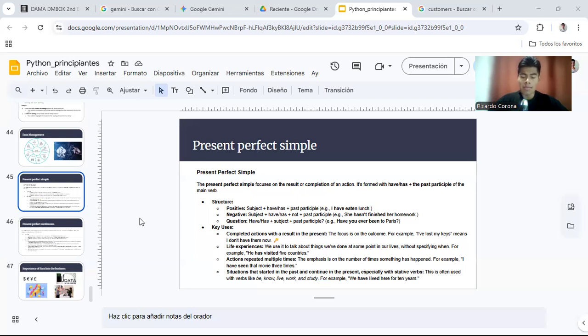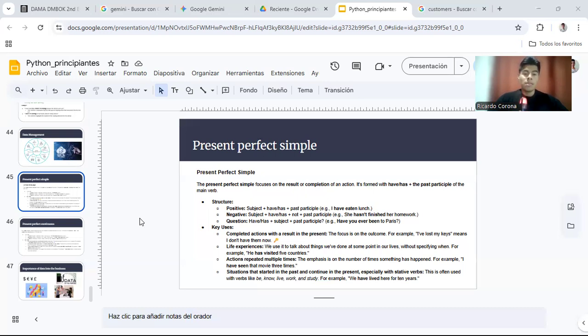If you have a technical interview, maybe it will be in English, and it's important to practice technical key concepts.